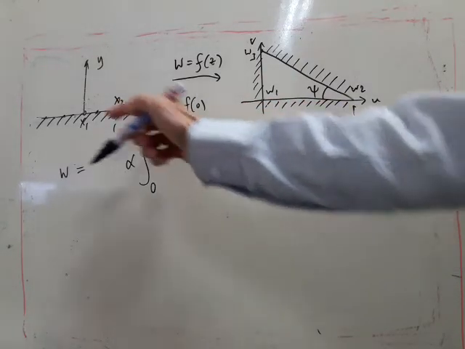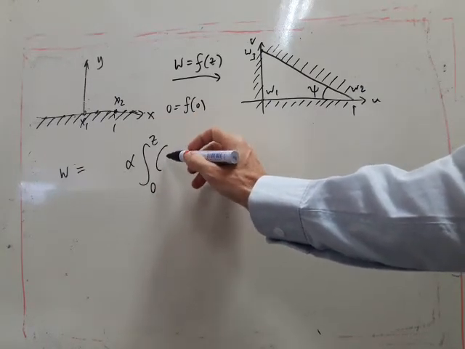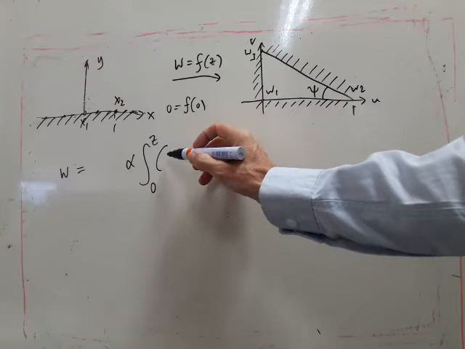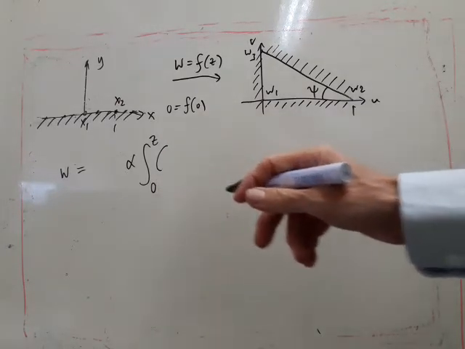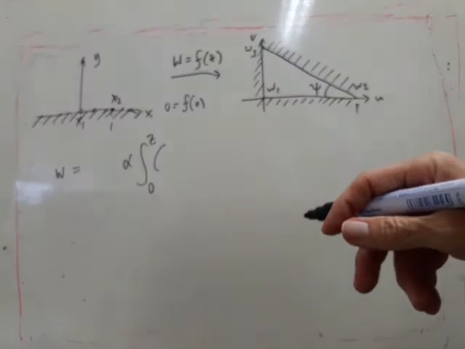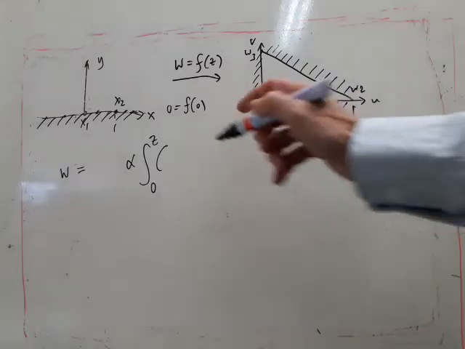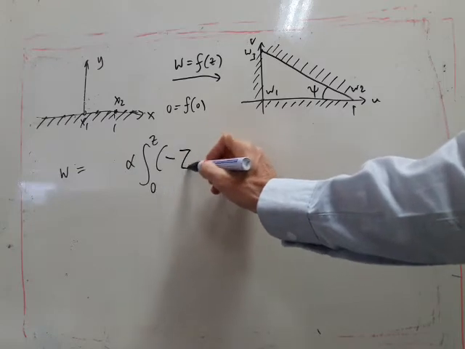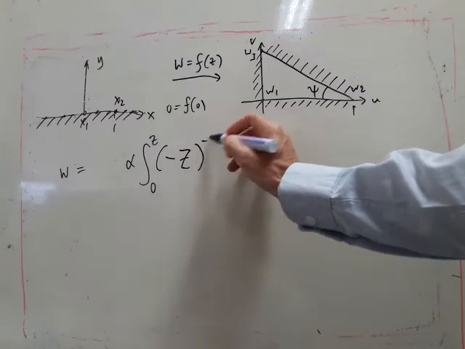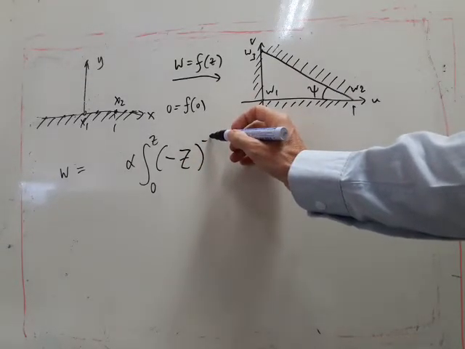Now we've defined which is x1 and which is x2, we can actually put things in. So we've got the formula: x1 minus z to the minus p1.